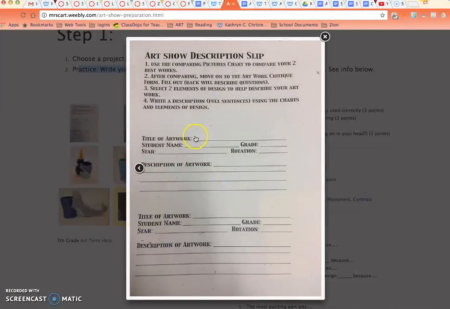And you're going to be filling in a title of artwork, your name, your grade, your homeroom teacher, cross off rotation, and this is where you write your 2 sentences, okay? So this is going to be your first choice right here. This one is your second choice.